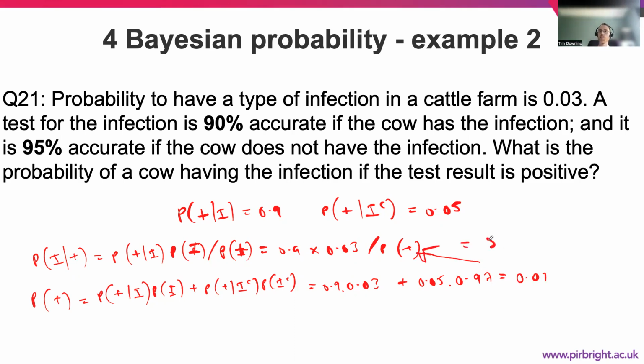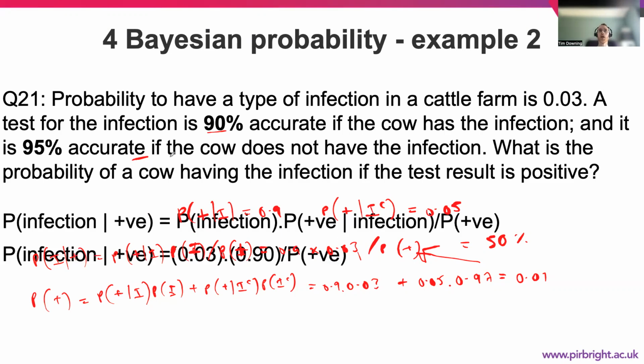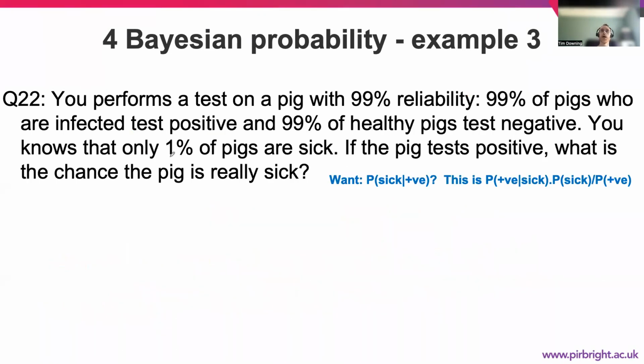Therefore, that works out at about 0.5 or 50%. So you can see how we change if we lower the accuracy values. That means the chance of infection if we test positive has now fallen.